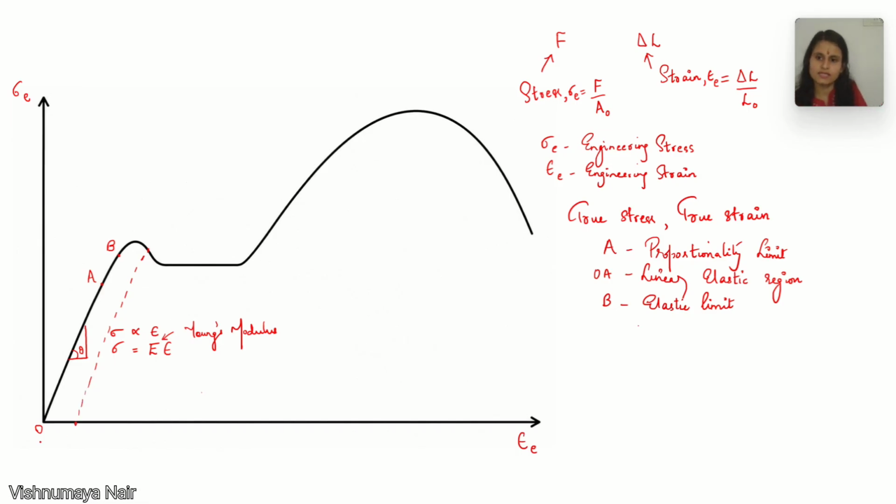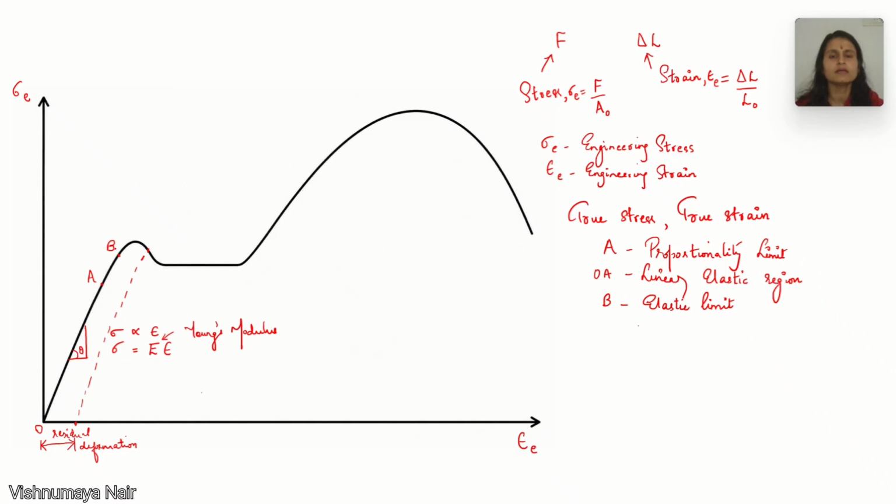So here you can see that still there is some amount of strain, right? This is the residual deformation. So there will be some amount of deformation in the material even if we release the tension. So that is permanent plastic deformation.